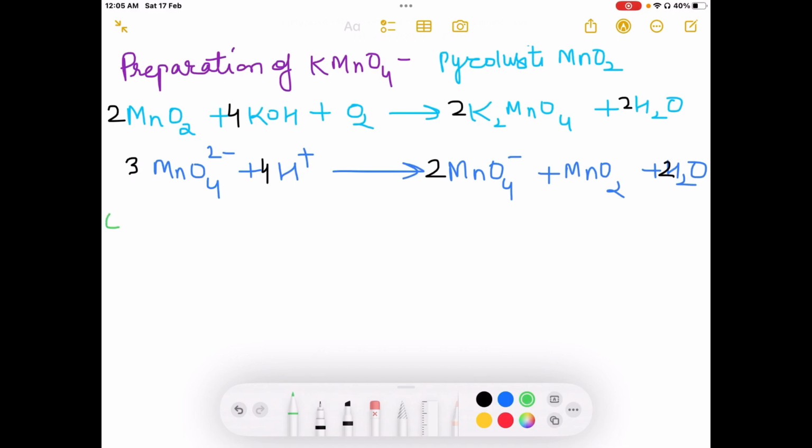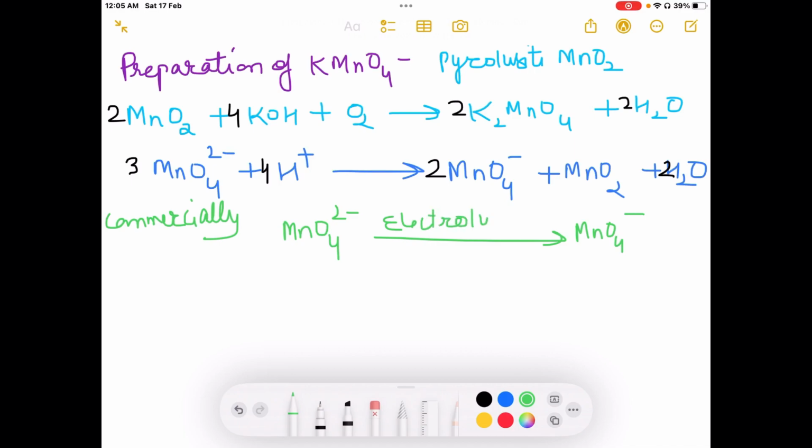Commercially, MnO4 2 minus manganate changes into permanganate on electrolytic oxidation in alkaline medium.